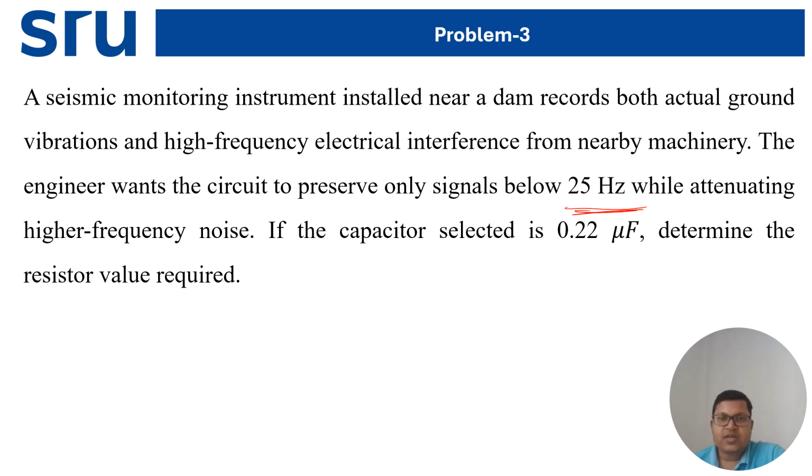So below this frequency we are allowing, and above this frequency any signal we are trying to attenuate. That means this is a clear case of a low pass filter. We already noticed in our previous problem how to find the values of a low pass filter, right?